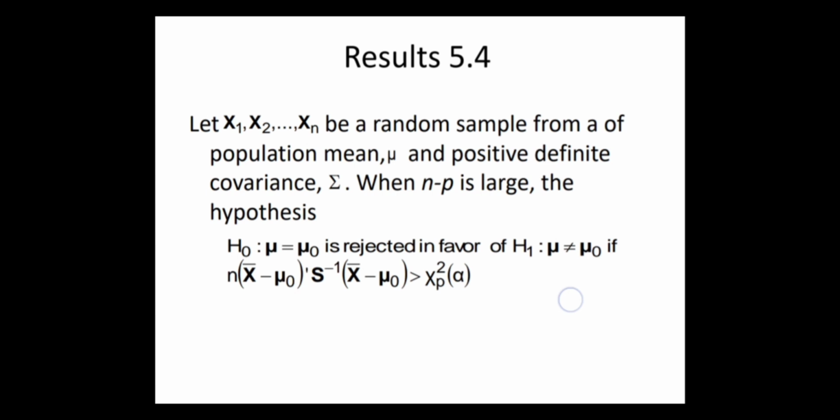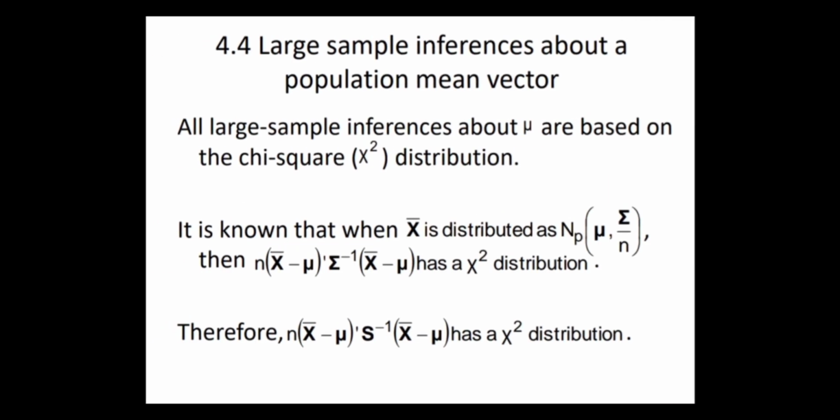So when n minus p is large, the hypothesis H naught, that the mean vector mu equals the mean vector mu naught, will be rejected if the square distance is more than chi-square with p degrees of freedom, because of this theorem that you have learned before.